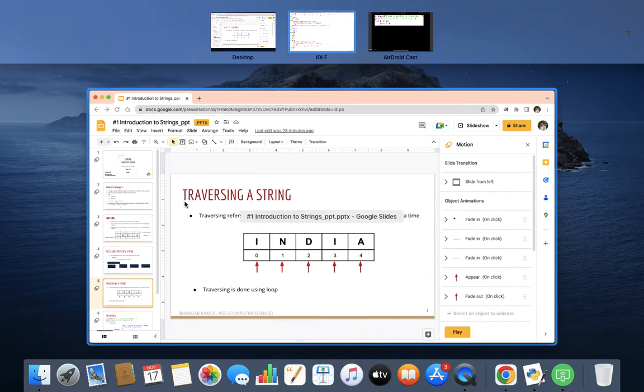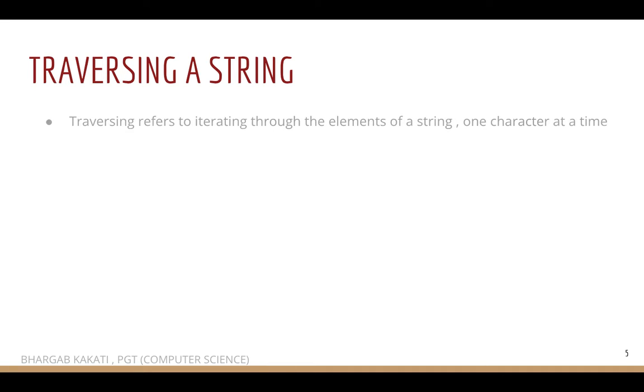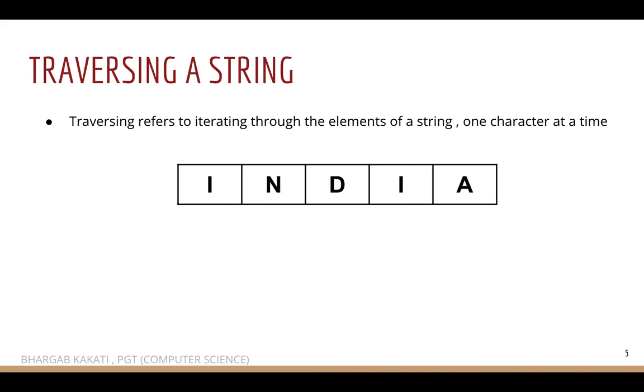Next, let us see the concept of traversing a string. What is the meaning of the word traversing? Traversing means if we have a string and we visit each character of the string one after another, it is known as traversing. So, traversing refers to iterating through the elements of a string one character at a time. Let us consider the previous string, India, and these are the indexes.